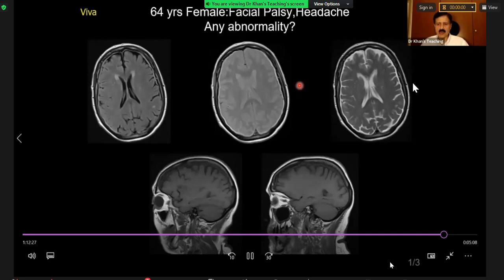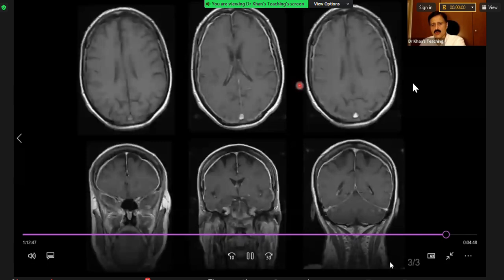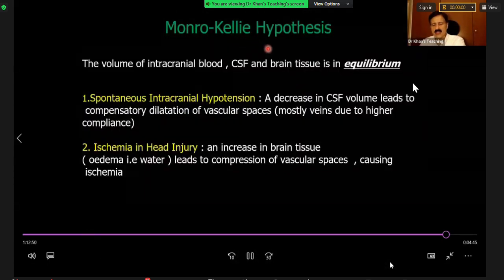And basically what happens is that for some unknown reason, at times there is a known reason like trauma or surgery or some intervention, the patient loses CSF. When the patient loses CSF, according to what we call the Monro-Kellie hypothesis, there has to be an equilibrium between the volume of intracranial blood, CSF, and brain tissue.